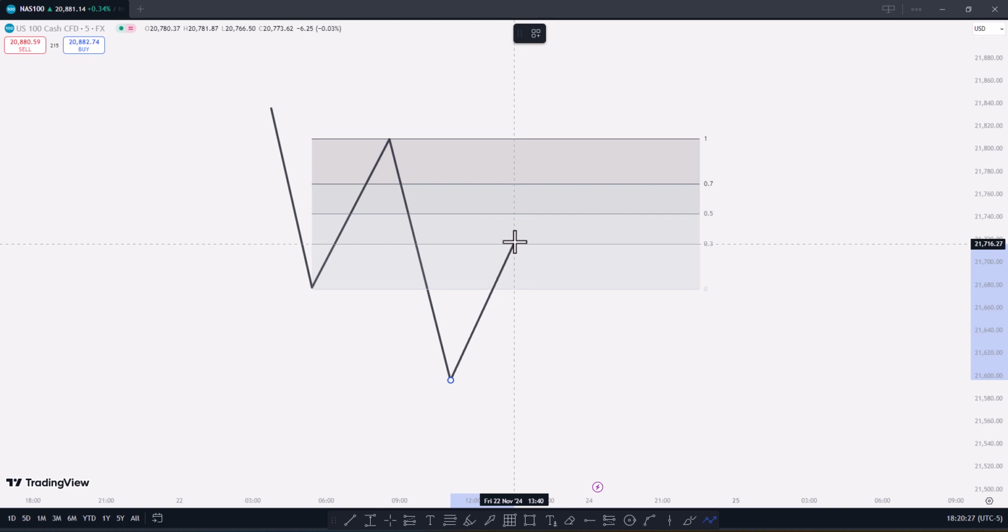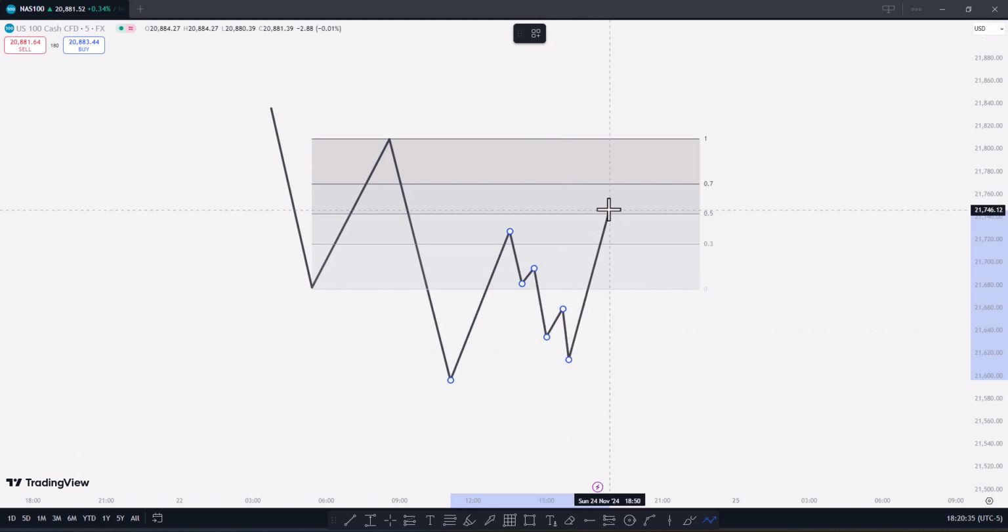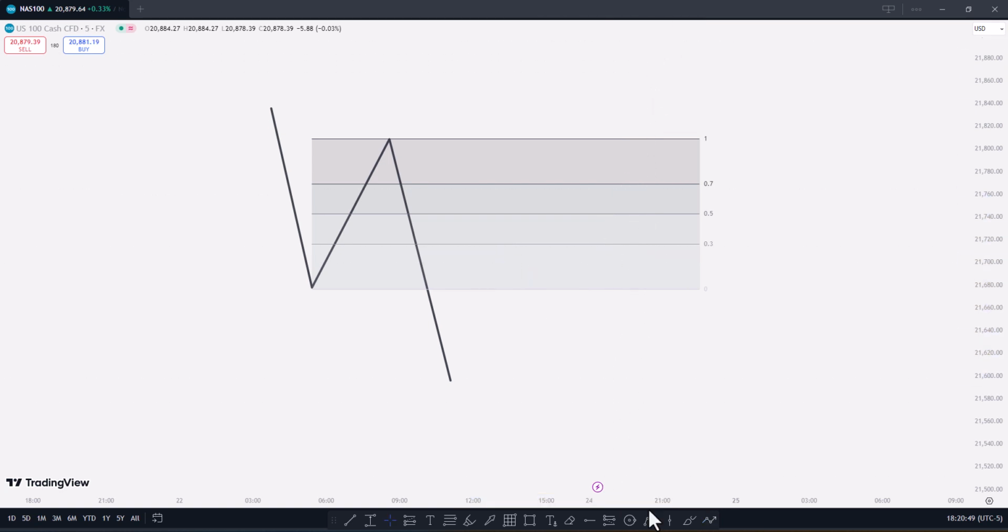Expansion, pullback. Let's say, for example, we put in the first stop here, price starts trading to the downside, and then one more time trading to the upside, right? And sweeping that previous high. Let me add another parameter here. So we have the first stop like this.